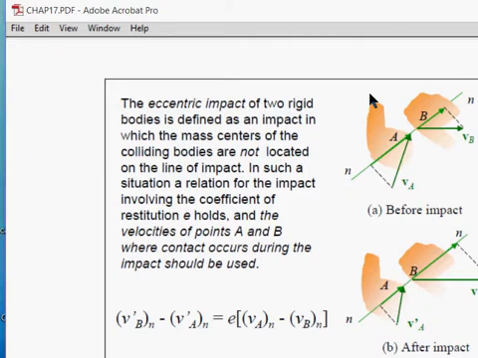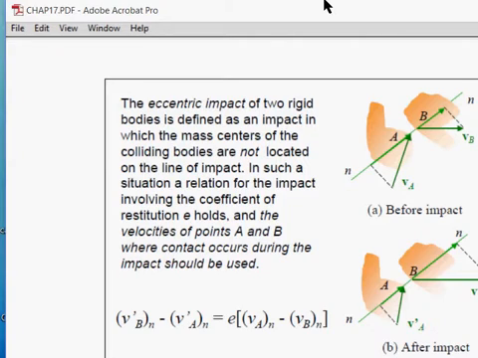So in this case, I use this expression. V primes are for the velocities after the collision.